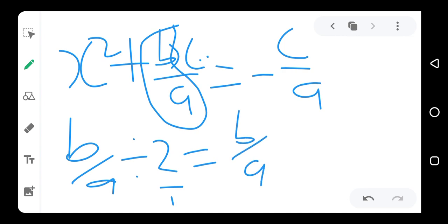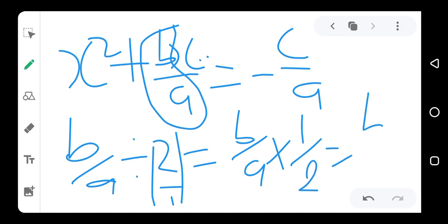If you want to change this division to multiplication, we invert this fraction, so the one that is up will come down and the one that is down will go up. 1 over 2, which is b times 1 is b, over 2 times a is 2a. Now we square this value.